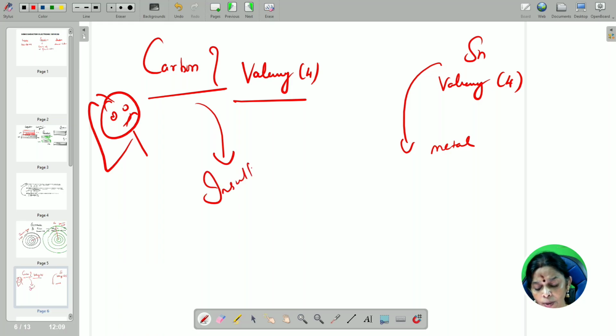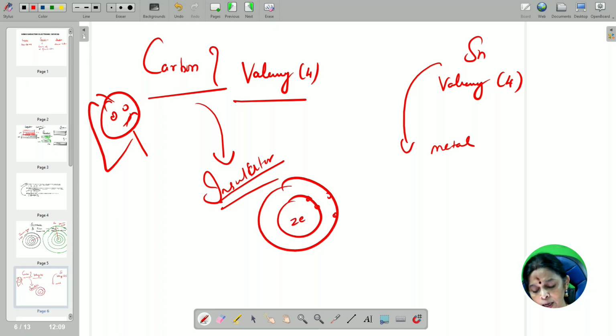How do you say carbon is an insulator? Because the valence shell is very close to the nucleus. The first shell has 2 electrons, the second shell has 4 electrons, and they are bound to the nucleus. Hence, it is very hard to remove this electron, or the ionization energy is very high. Since the energy to remove the electron is very high, it is considered to be an insulator.